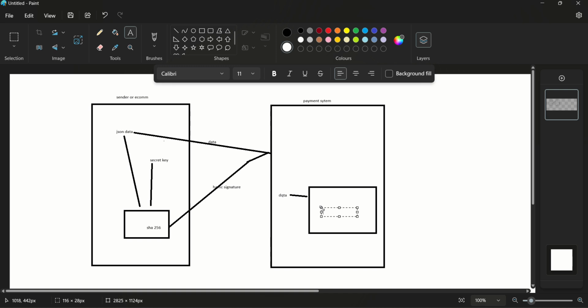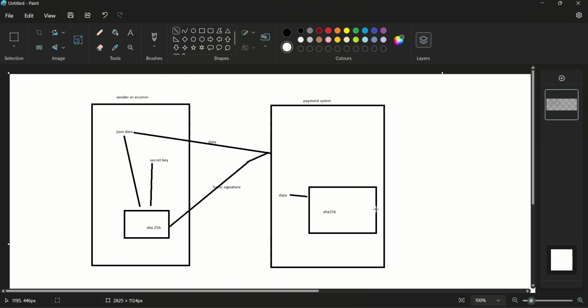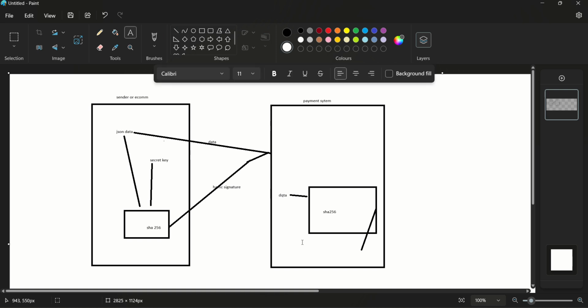Oh sorry, the SHA-256 algo internally uses the data and secret key and gives the HMAC signature.